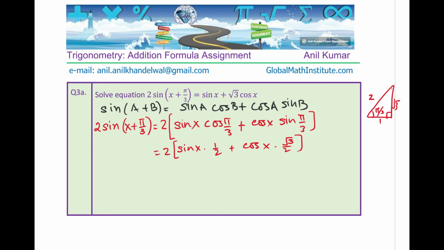Multiplying both by 2, that is the distributive property, right? What do you get? Well, we get sine x plus square root 3 cos x, and that's what we need, right? So that is how you show that this is absolutely correct.